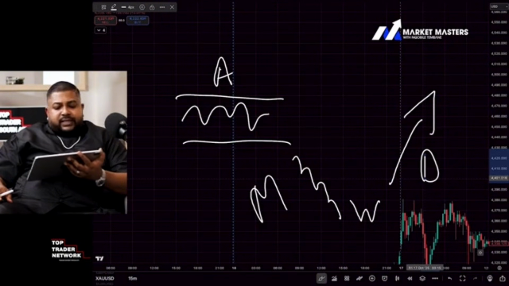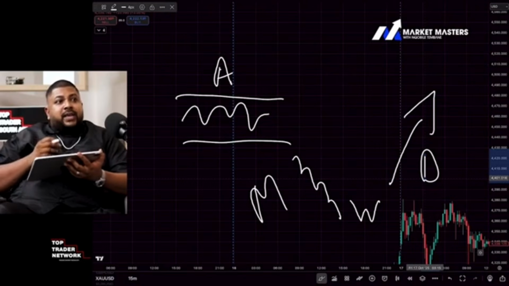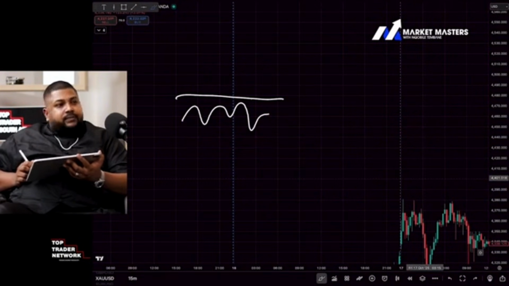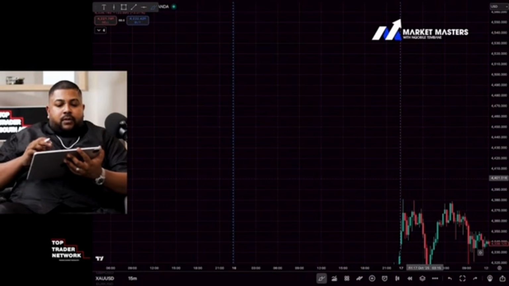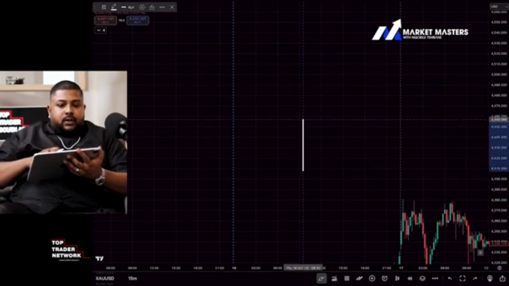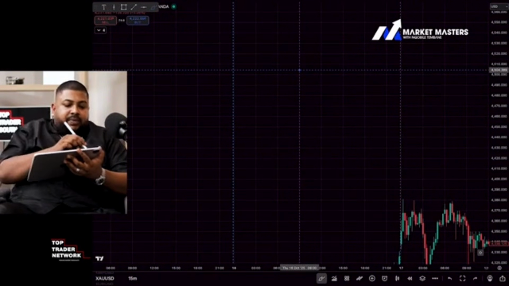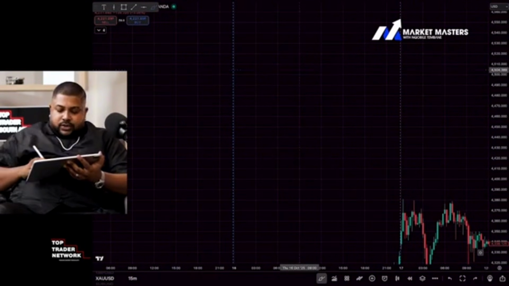Now, seeing that take place in the market ideally puts you in a position better than the rest of the traders, because you could potentially predict what's going to happen next. I just want to do this very quickly.